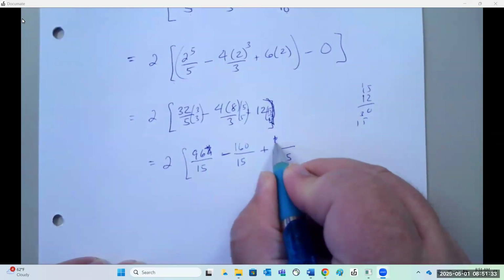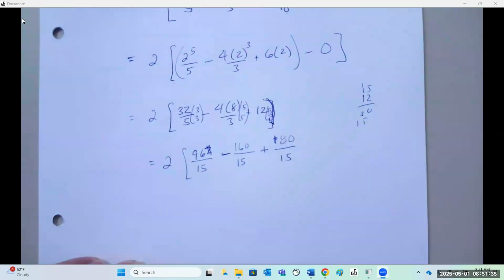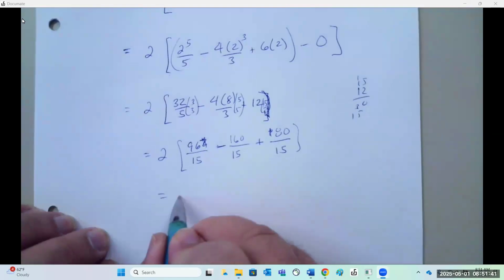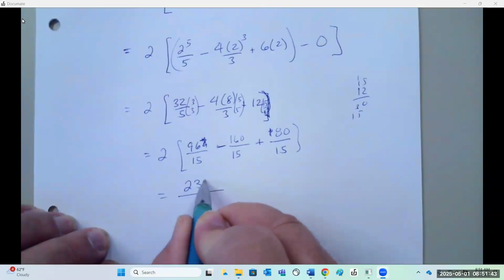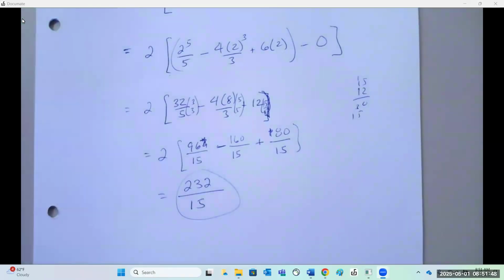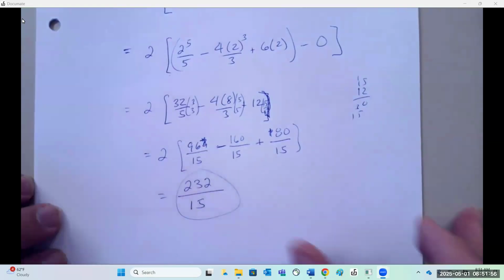Do all the math. There's our answer. Again, it's all algebra, adding and subtracting.